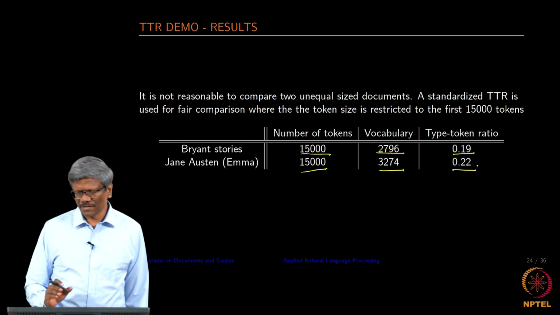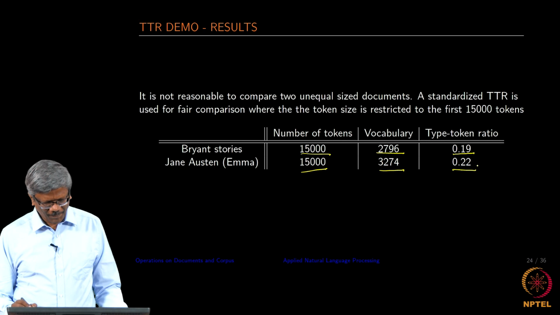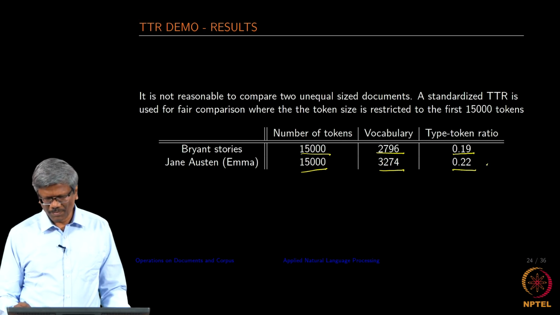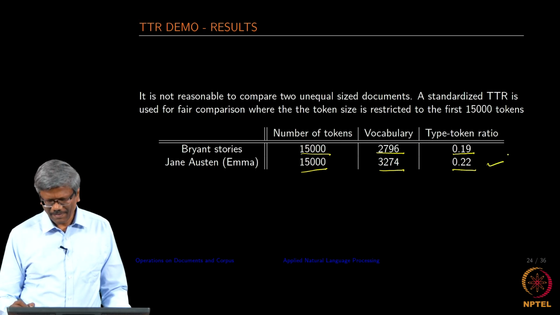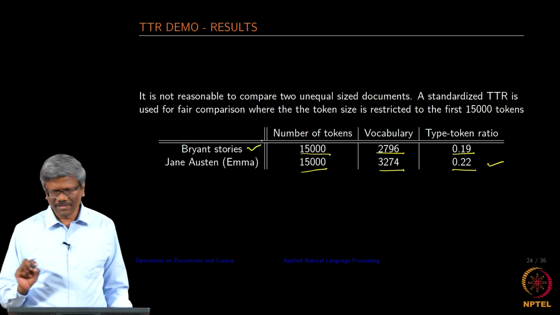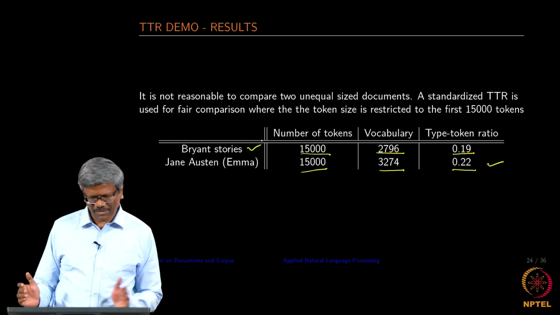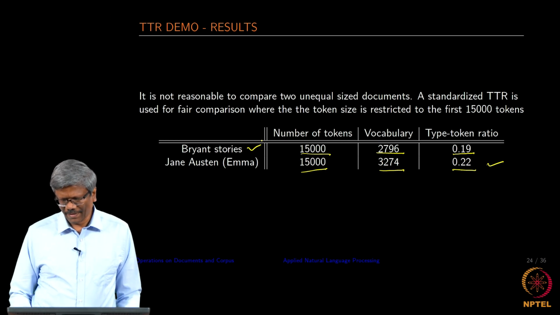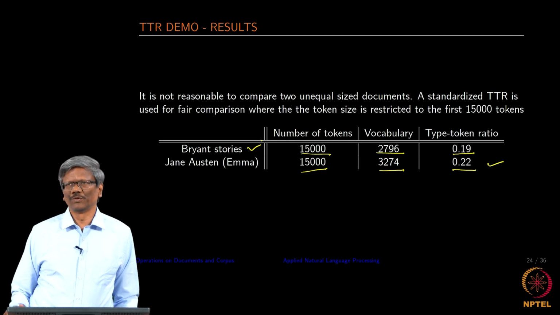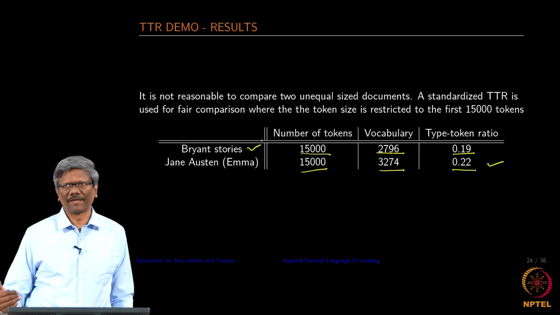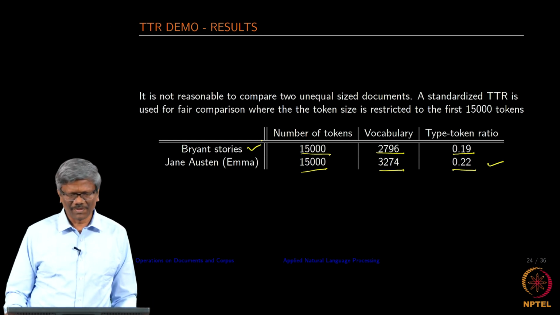It is almost close, but Jane Austen has used more vocabulary than Bryant Stories. So, this is used to compare two different English literature texts and find out who had used better vocabulary in a sense, in terms of the number of vocabulary used.